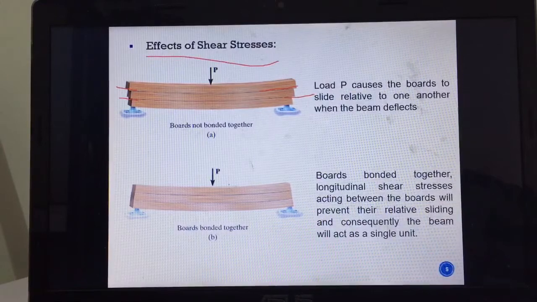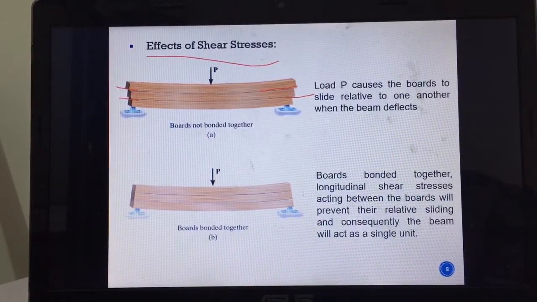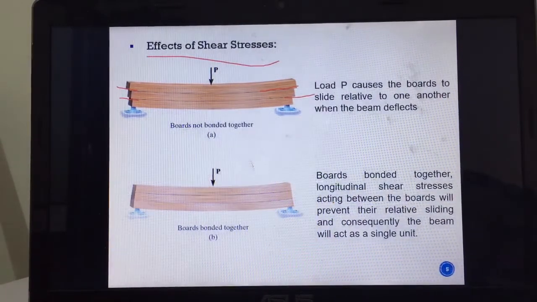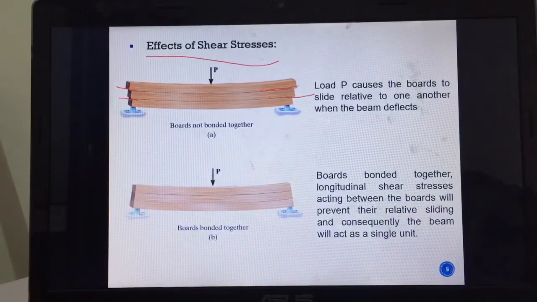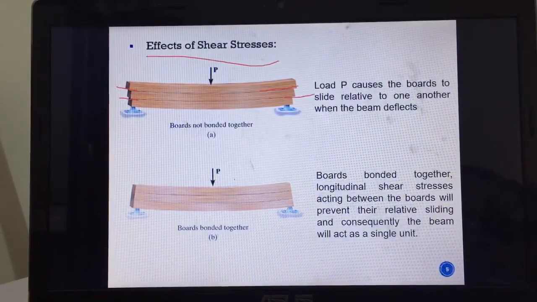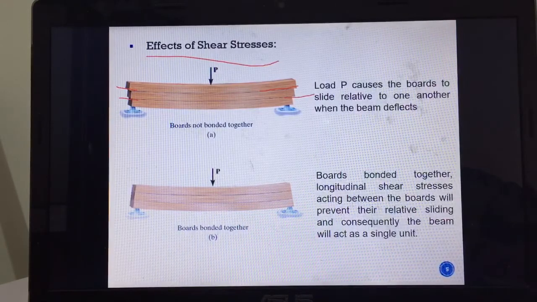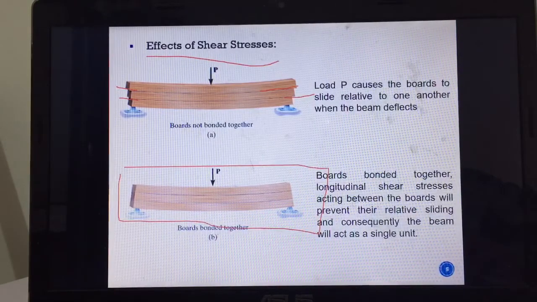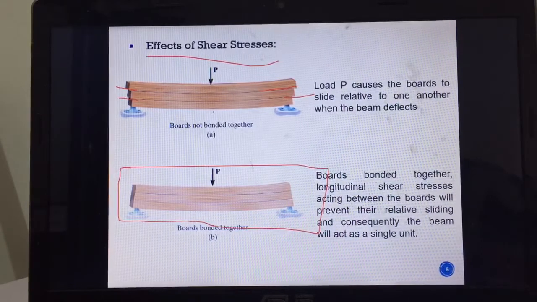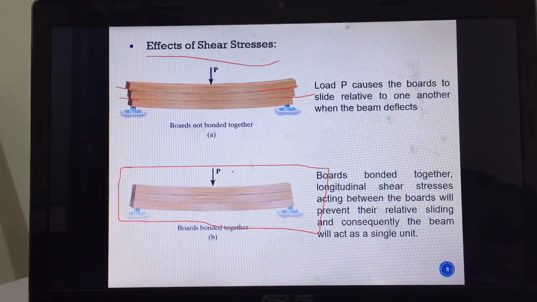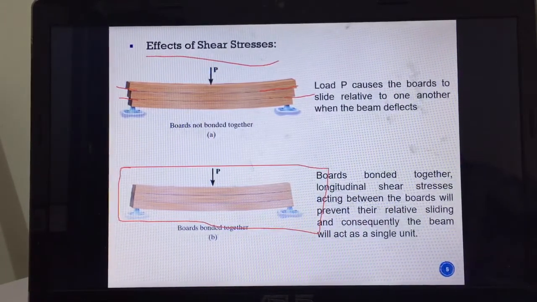And consequently, the three boards will act like a single beam. Okay, so this is the effect of shear stress. In this example, shear stress is developed between them.